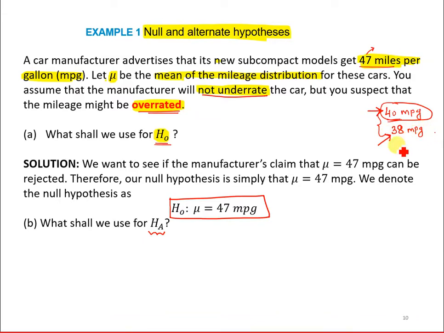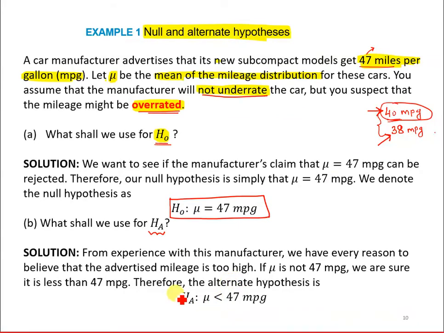So in this case, the alternative hypothesis will be mu less than 47 miles per gallon. It's because of this word: overrated. So you need to identify these words and get the appropriate alternative hypothesis.